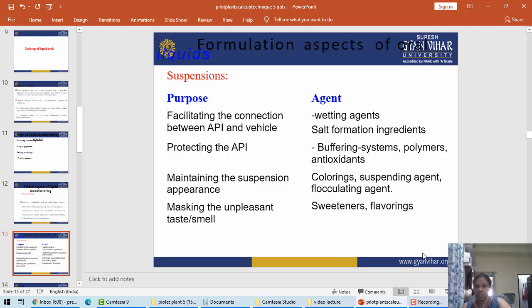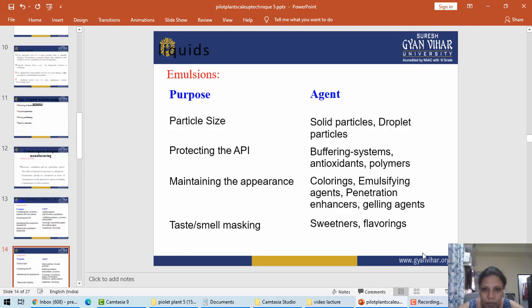Then masking of unpleasant taste and smell. Obviously, if you want to mask the unpleasant taste, you should go for sweeteners, and if you want to mask the unpleasant smell, then you should go for flavoring agents.